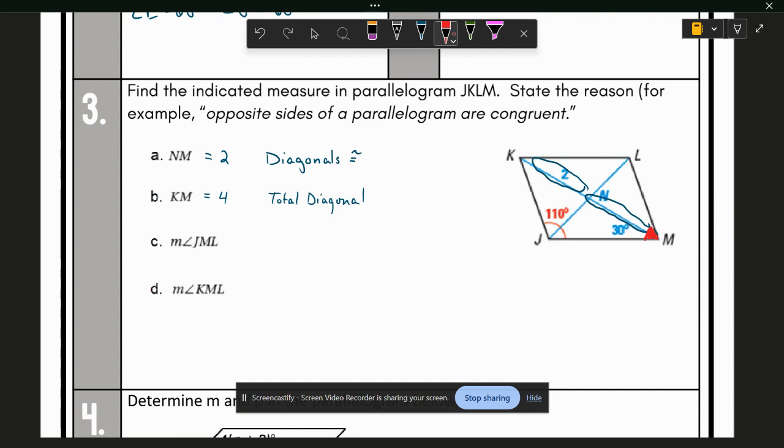Subtract from 180. So I'm going to take 180 minus 110 to get 70 degrees. And that's because they are what you consider consecutive angles, and consecutive angles equal 180 degrees.